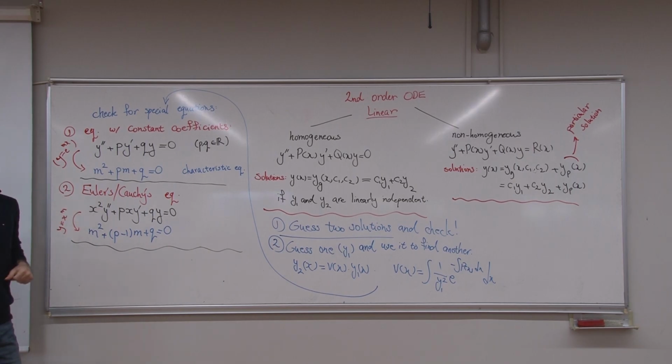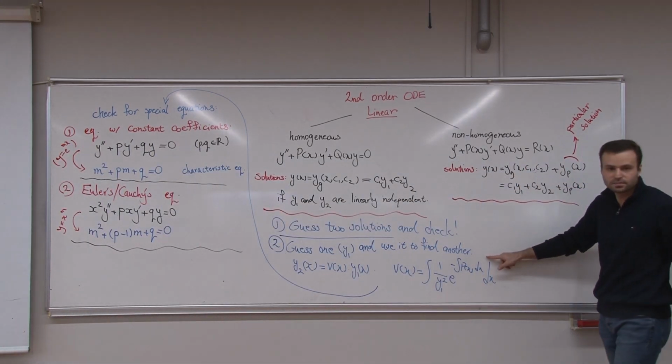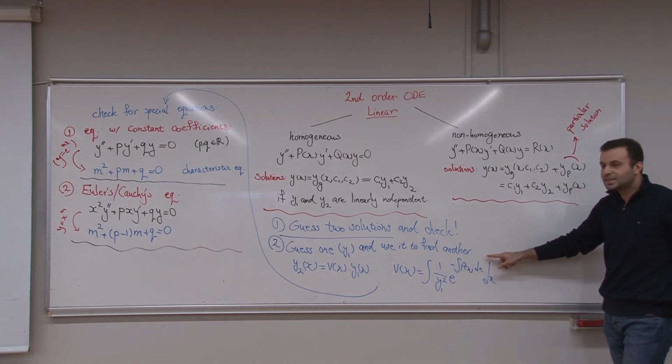What happens if you have two real roots which are repeated? Then I can only guess one of these solutions, right? x to the power of m1 or x to the power of m2. How can I find the second solution? Definitely I'm going to use reduction of order.